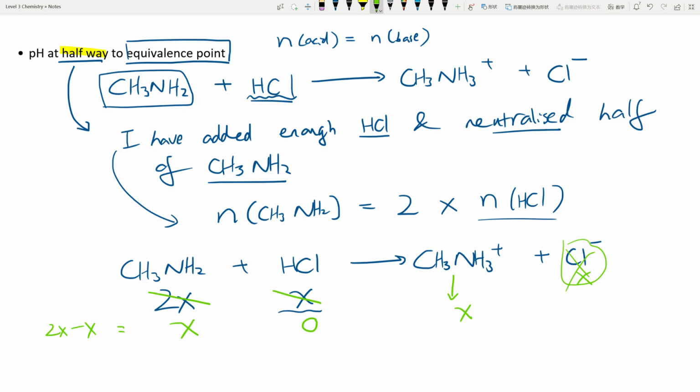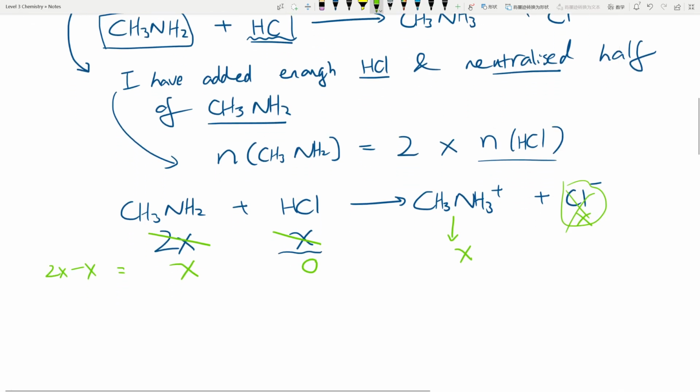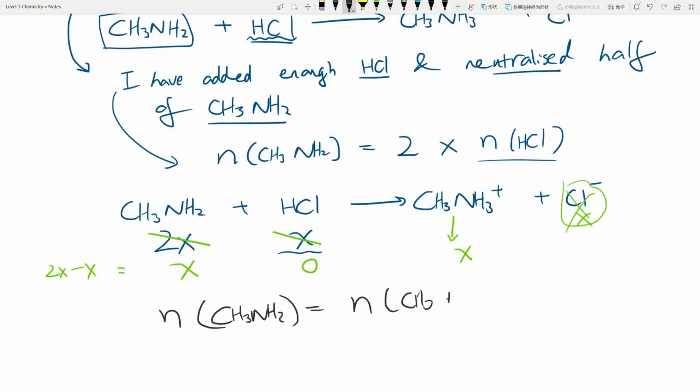Now, can you see I have produced CH3NH2 moles equal to the moles of CH3NH3+?